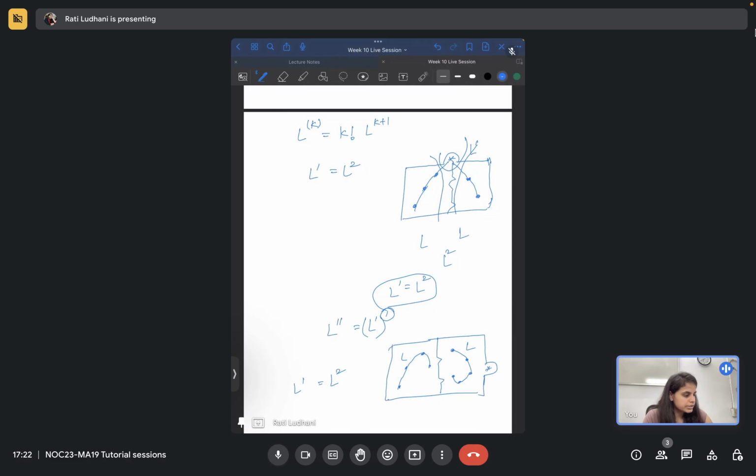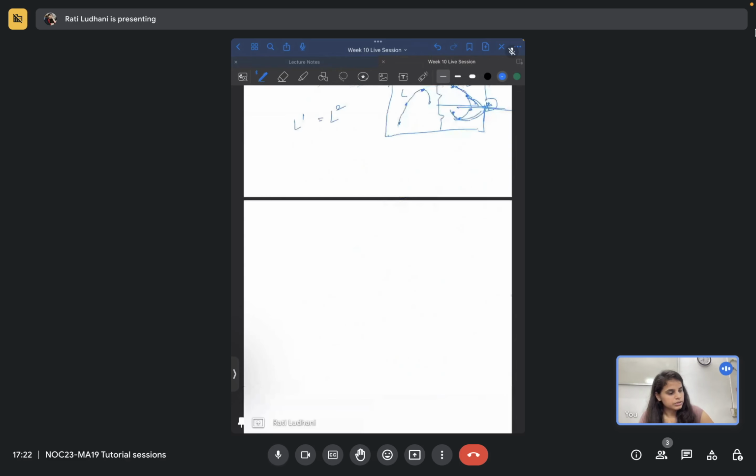Then when you add a star here, you can break it and you will get this. So this is like your L. Now this is your L. Now you break it, you will get something, the other L. So you get L cube.